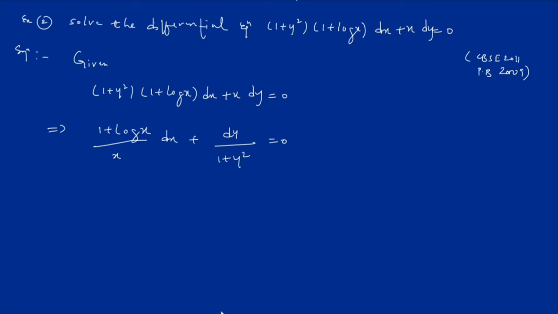Now simply integrate this. What we get? Integration of 1 plus log x upon x dx plus integration of dy upon 1 plus y square equals 0. It is a constant term, 0 is nothing but c here, right?